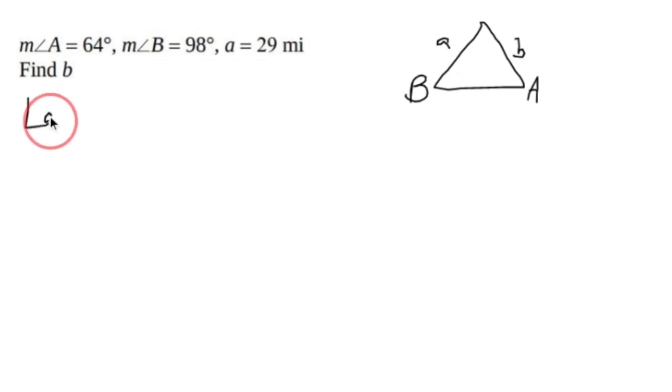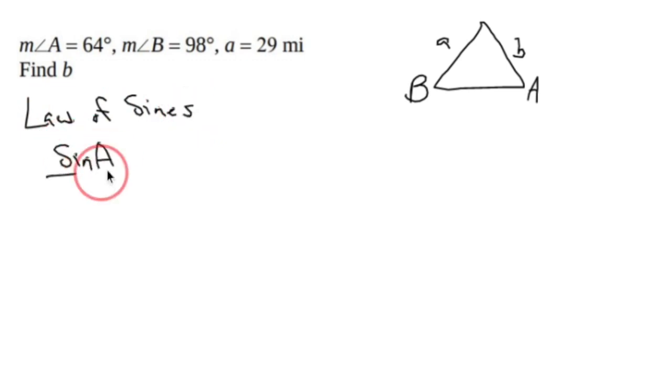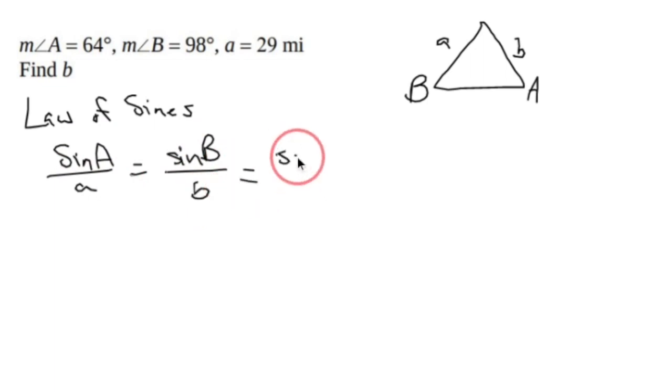Now, the law of sines says that sine of an angle over its opposing side equals sine of an angle over its opposing side equals sine of the third angle over its opposing side.